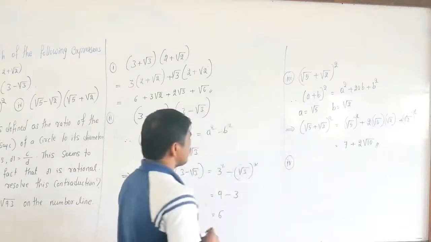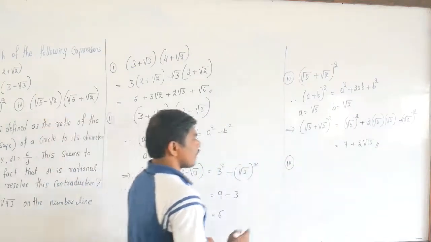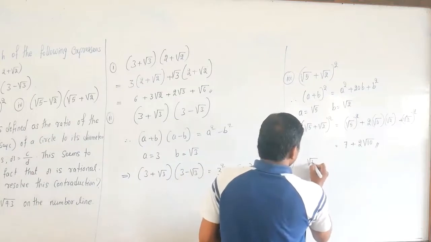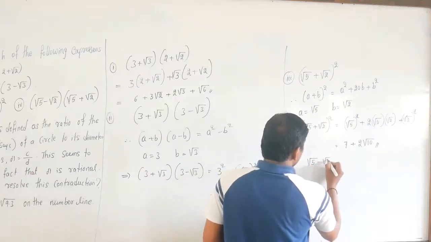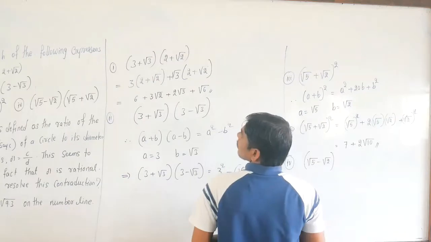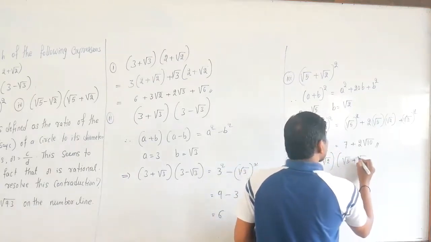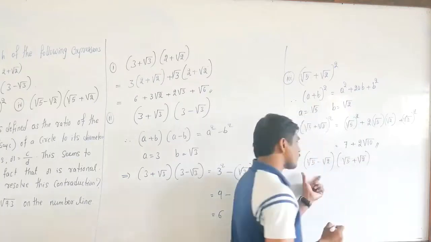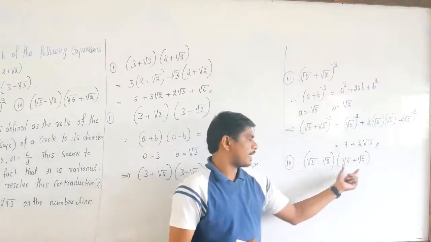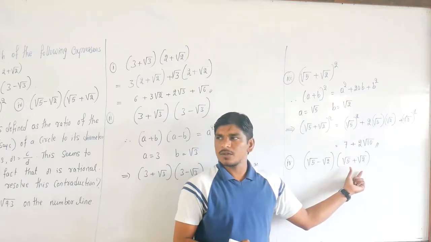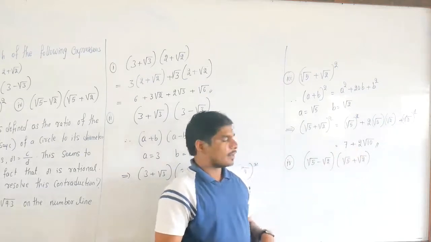And next one, the fourth one, root 5 minus root 2 into root 5 plus root 2. Now this is also very simple by using the a minus b and a plus b identity, which is equal to a square minus b square.